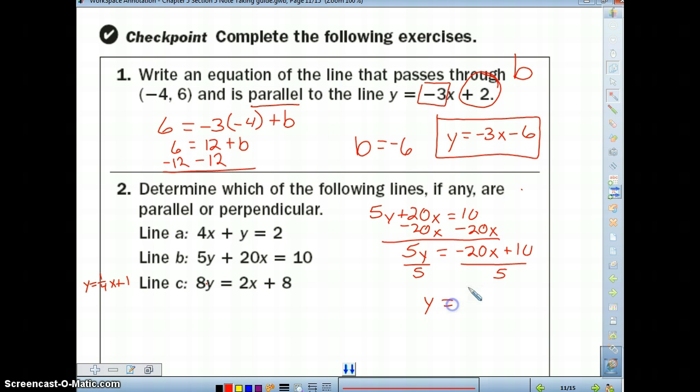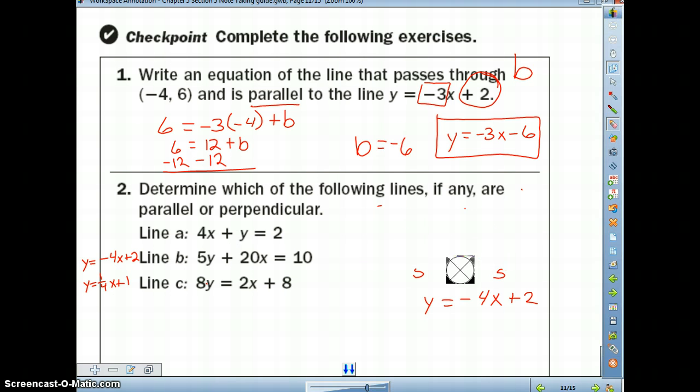So y would equal, well, negative 20 divided by 5 would be negative 4x plus 2. So I'm going to write that here. Y equals negative 4x plus 2. Your brain should start moving right now thinking about this negative 4 and this 1/4. All right, so let's go on to line A.